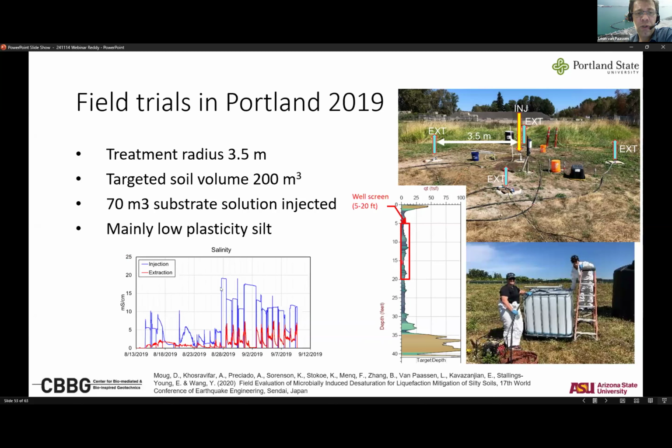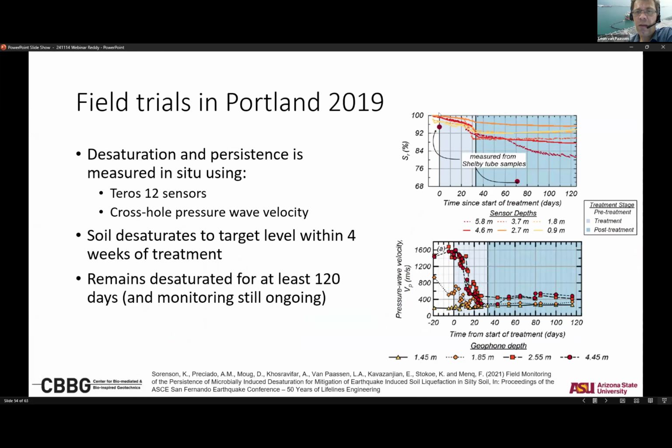During treatment, we monitored the degree of saturation using in situ TEROS 12 sensors, and they demonstrated that the degree of saturation dropped to about 92%. And even after the treatment, which in this case was 30 days, we saw that it continued to stay low. And then we continued to monitor.